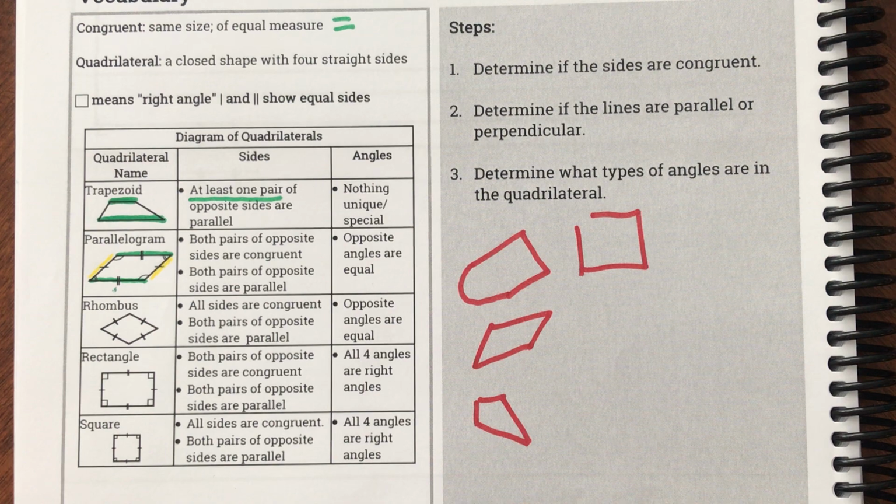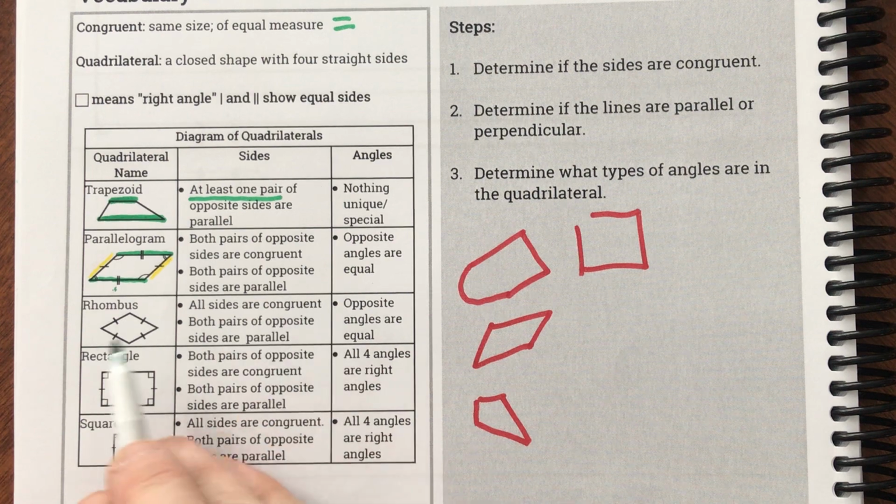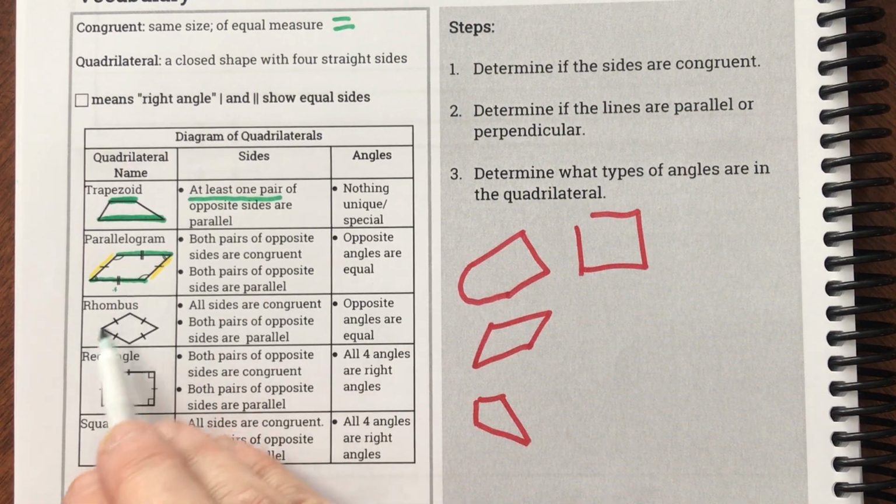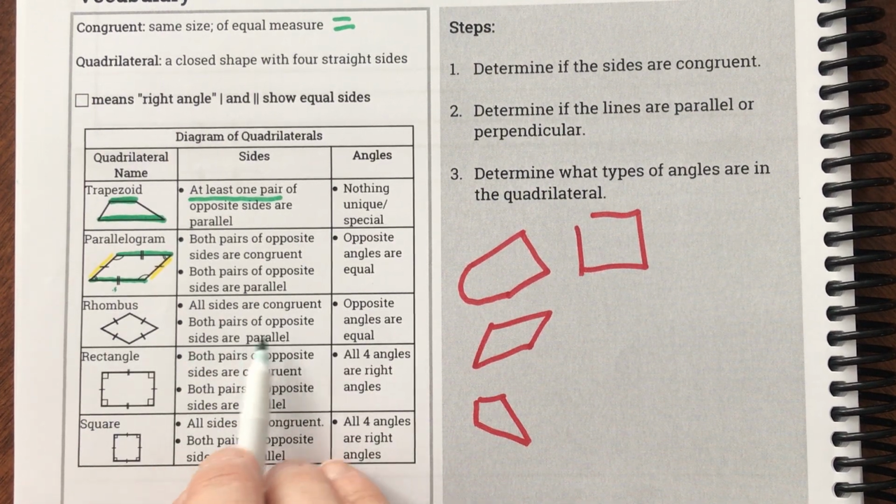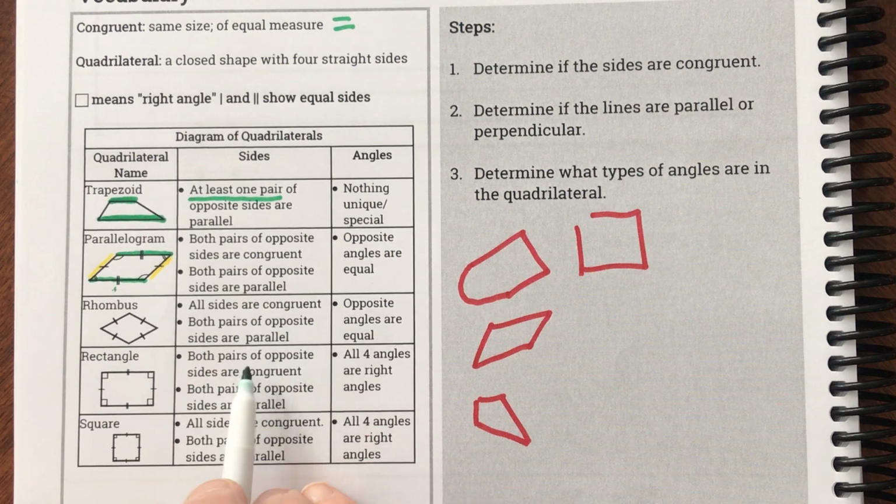Okay, my next shape is called a rhombus. My students used to like to call it a squish square. But a rhombus says all sides are congruent, so that's why they all have 1 dash. And then it also says both pairs of opposite sides are parallel.